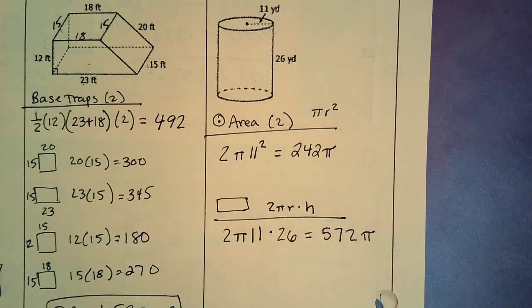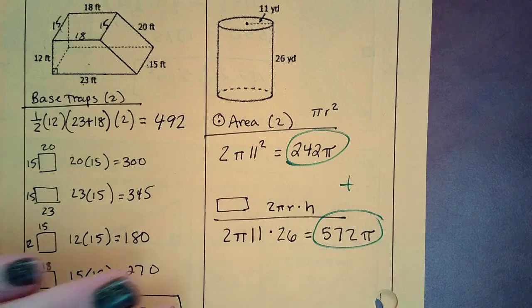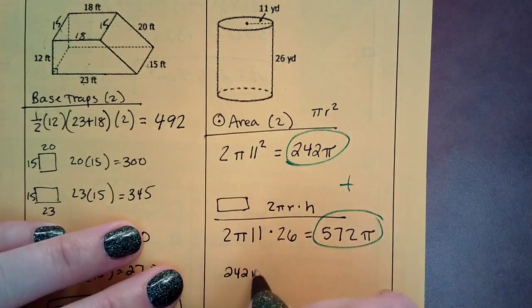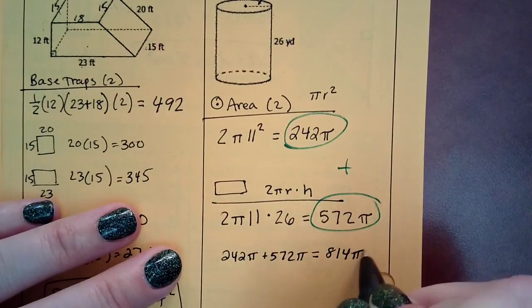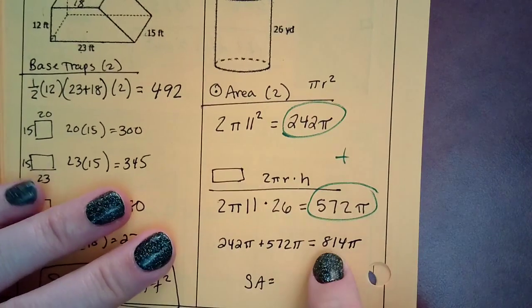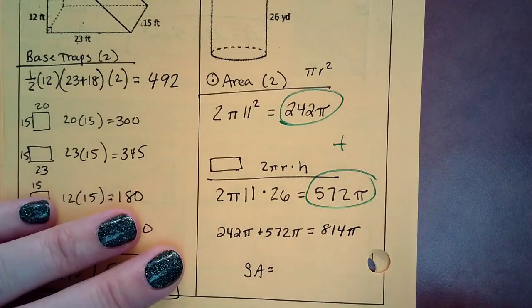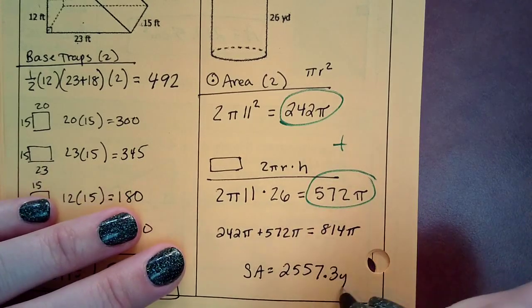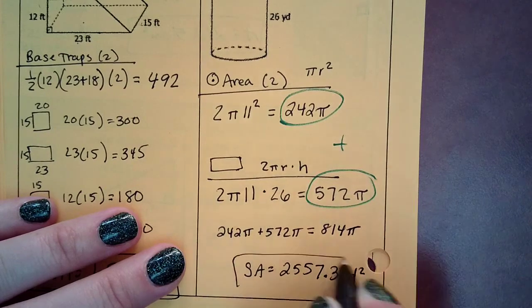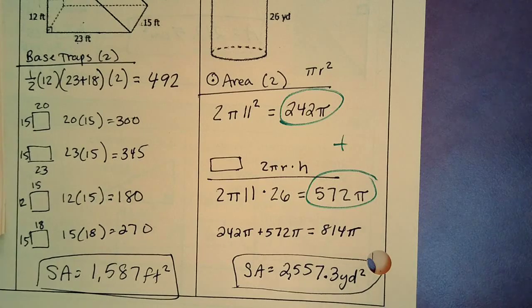Now we're going to take these two and add them together. 242 pi plus 572 pi equals 814 pi. Now finally, I'm going to plug in my calculator. 814 times pi, and I will round to the nearest tenth. 2,557.3 yards squared.